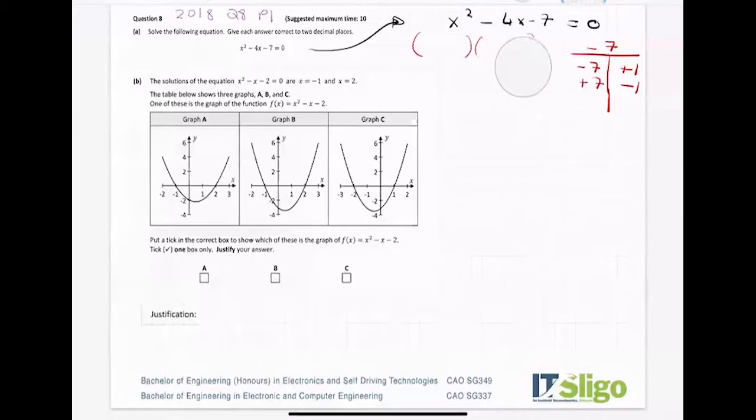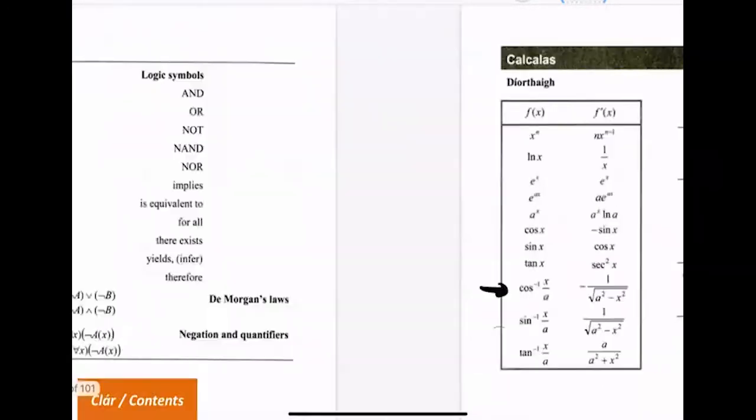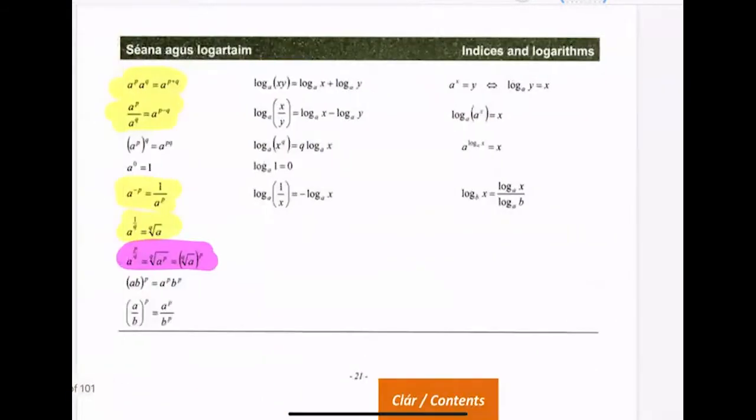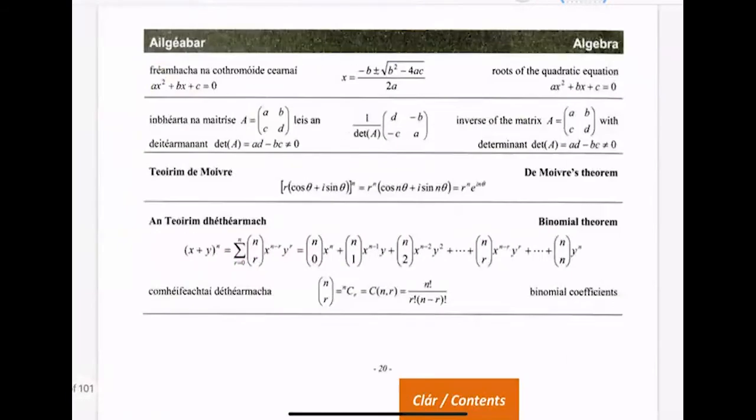So that is where we use the minus b formula that's in your log tables. Let me just see if I can find it. Here on page 20. Okay, so the famous minus b formula. X is equal to minus b plus or minus the square root of b squared minus 4ac all over 2a.